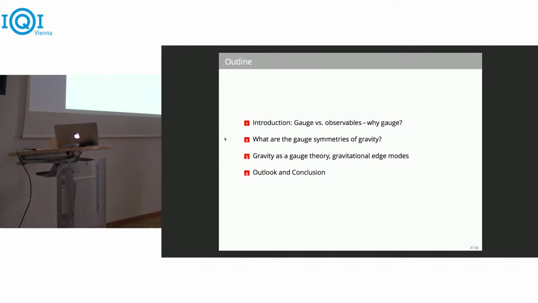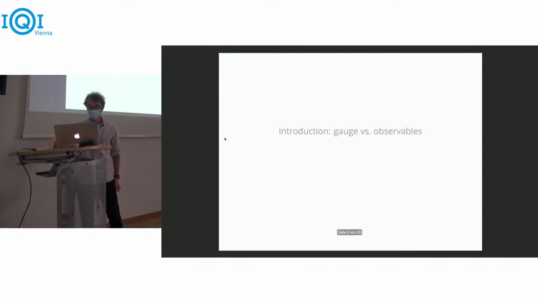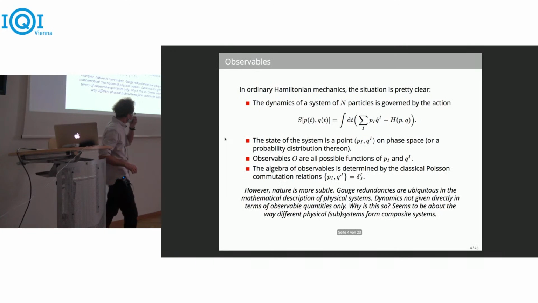And then I will go into the third part, which will be more technical, where I speak about the mathematical manifestation of these gauge symmetries and how they appear in various approaches of quantum gravity, such as loop quantum gravity. So let's start out very basic.